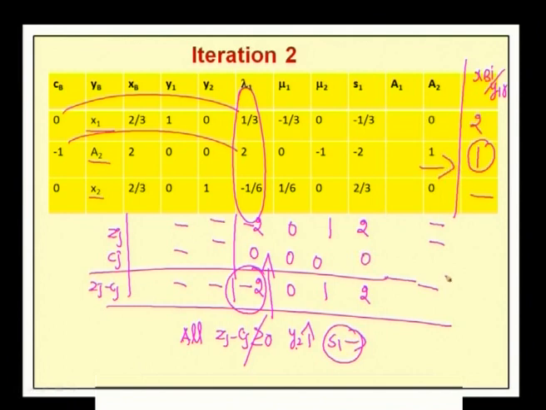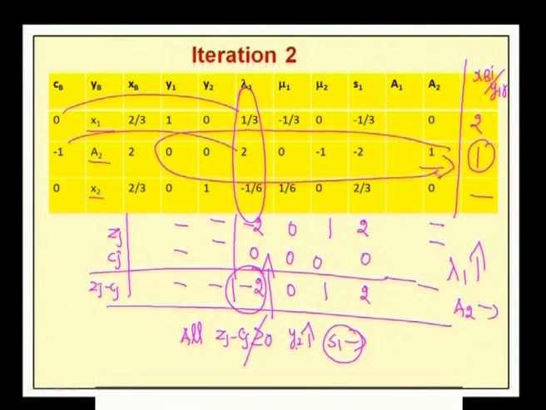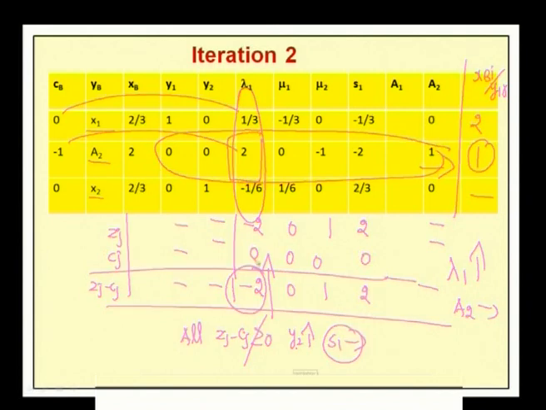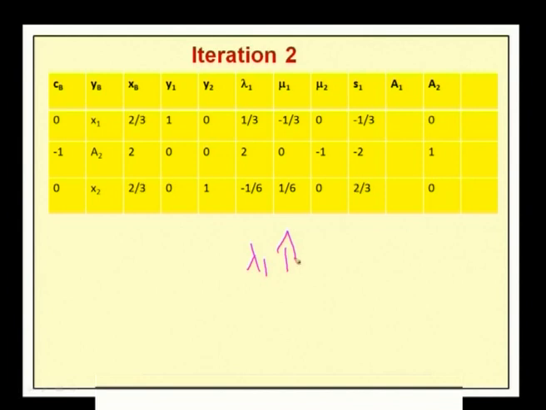So, in iteration 2 our entering vector is lambda 1 and leaving vector is a2, and the corresponding pivot element is nothing but this 2. So, lambda 1 enters the basis, a2 leaves the basis, and the corresponding pivot element is 2.